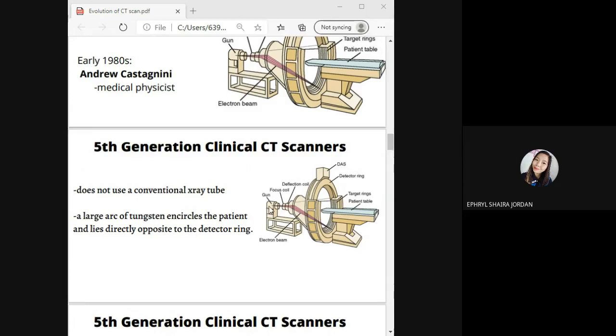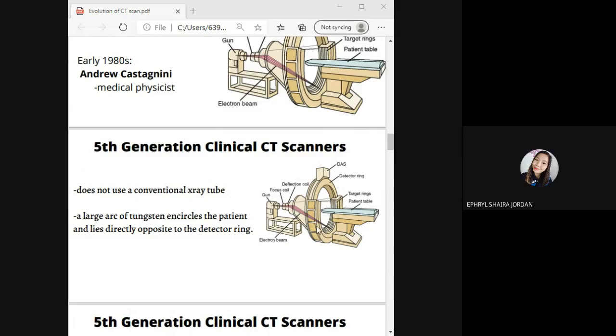So ang ginagawa dito, here's an electron gun, and ito ang design niya. There is an electron gun, merong focus coil, merong deflection coil. So ang ini-emit ni gun, di ba, is electron beam. Around this, meron ditong large arc of tungsten. Pag matamaan yan ng electron beam, yung tungsten, di ba, it would emit X-rays.